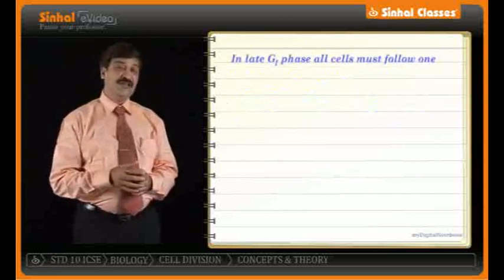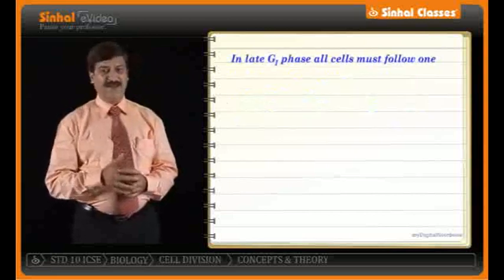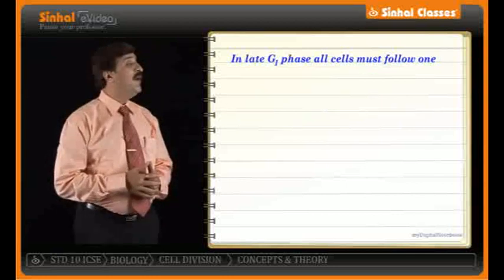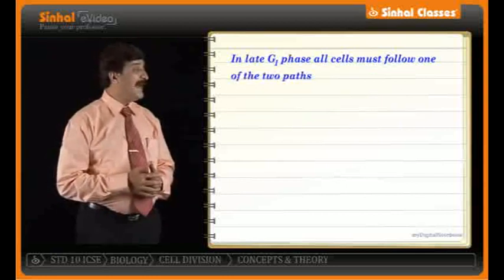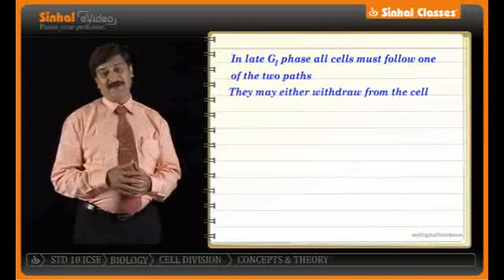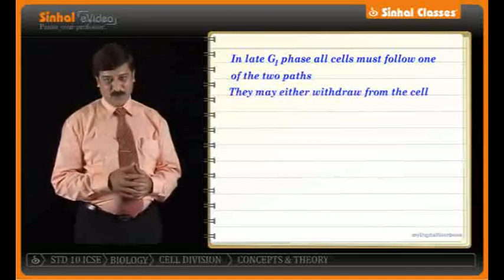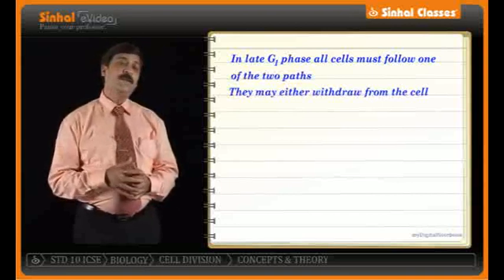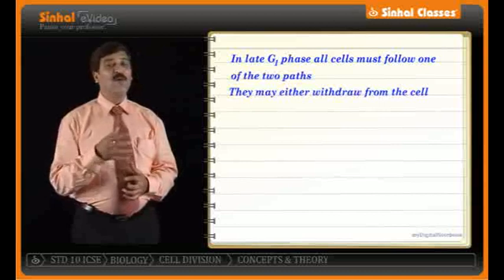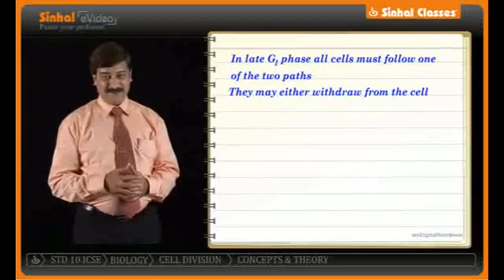In late G1, that is, at the end of G1, all cells must follow one of these paths. So, let us see what choice is available to the cells.